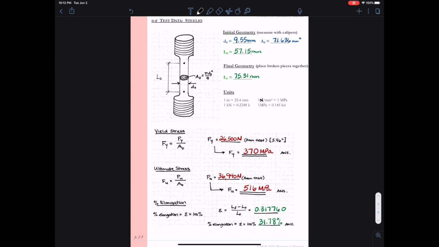Finally, if you have trouble working with the SI unit system or having a physical feel, I'm going to switch these and just write them in brackets in the US customary unit system. So 26,500 newtons is about 5.96 kips or 5,960 pounds. And 370 megapascals is then 53.7 kips per square inch.